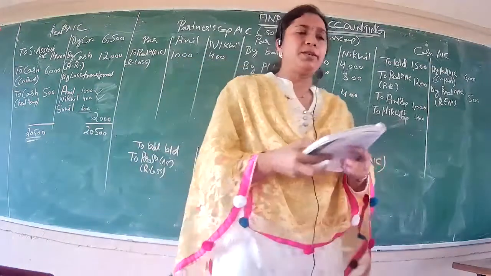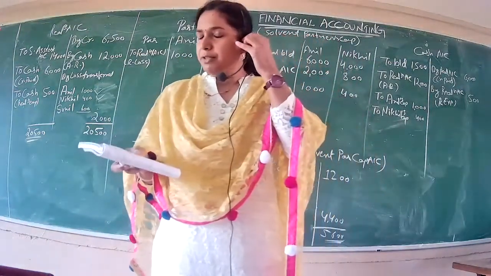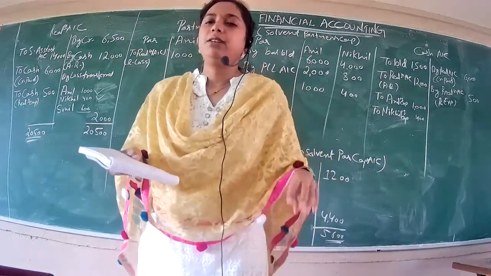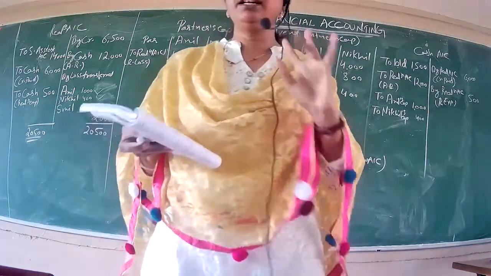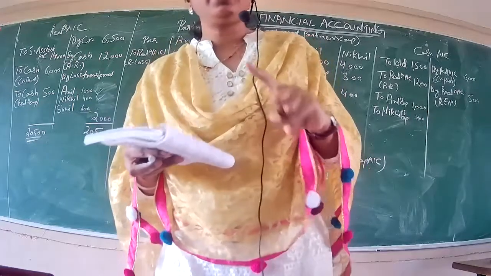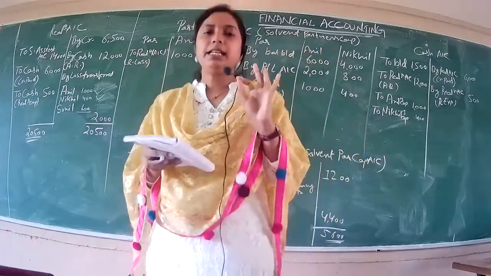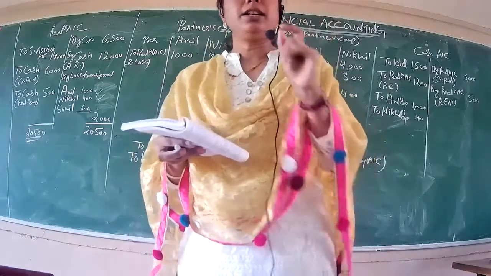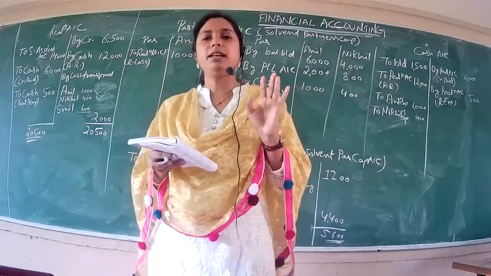Now, the big question: in which ratio do we divide this? We have learned that for this we have to calculate the capital ratio. Capital ratio here means we have to take the capital amount standing just before the dissolution of the firm.